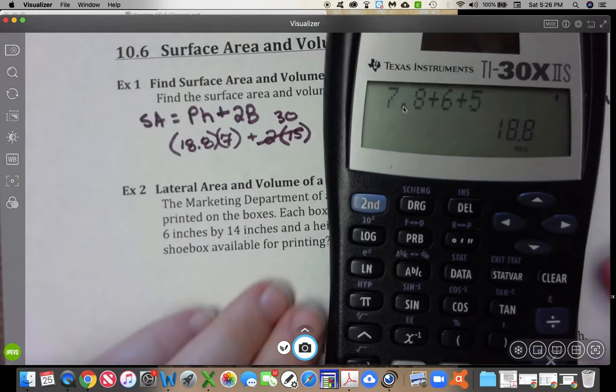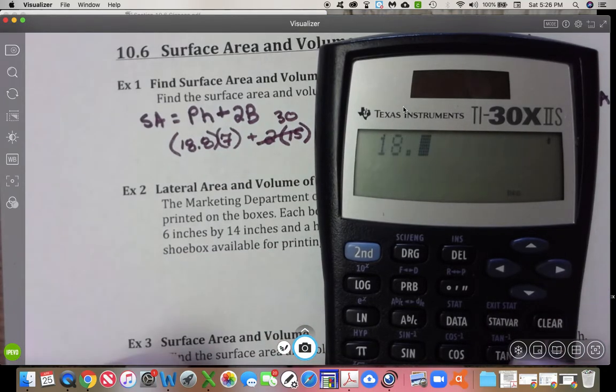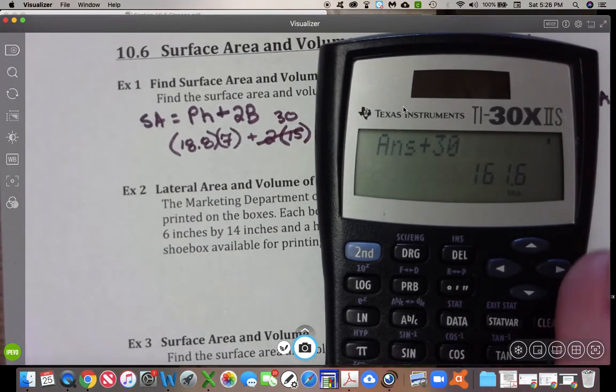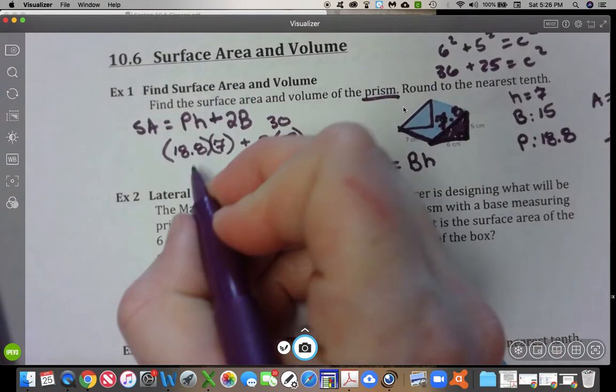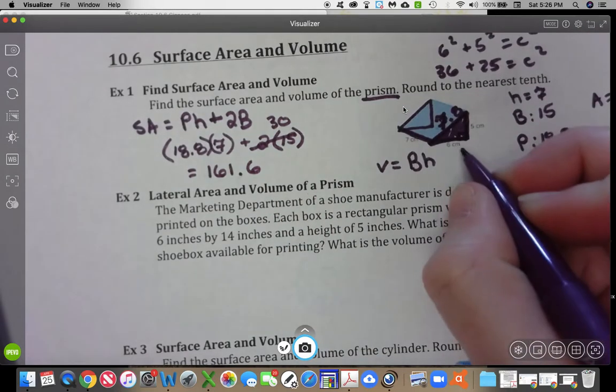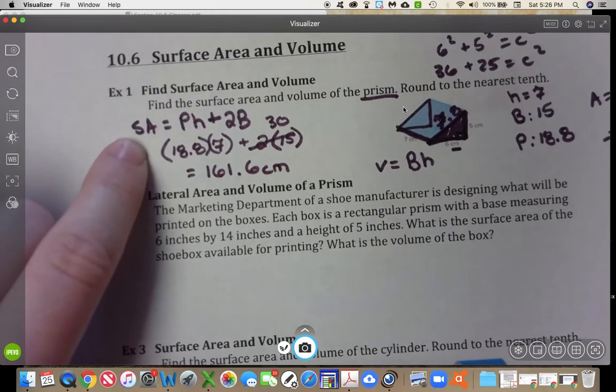Let's see what we get here. I have 18.8 times 7. Enter. And then I'm going to add 30 to that. So I get 161.6, and my units are in centimeters. Since we're doing surface area, that's centimeters squared.